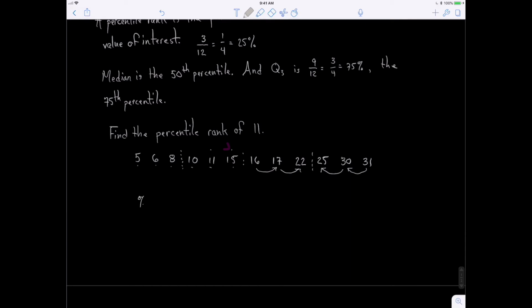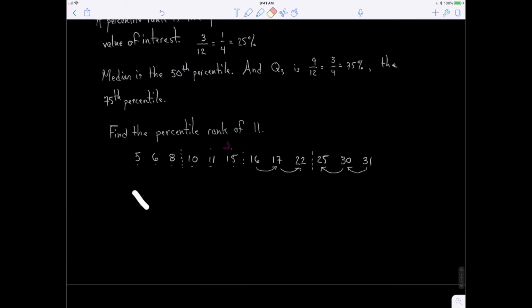And I'm going to give us a formula here, and we'll see how it works out. We say that percentile rank equals, and here's our formula. It's the number of data below x, which in this case is 11, and we add a half to that, 0.5.